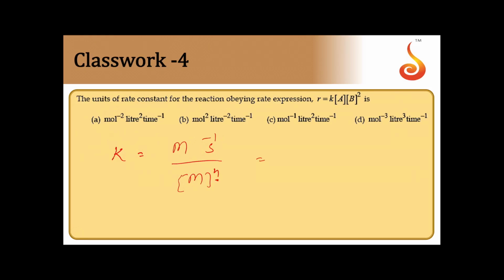Therefore, the units of k will be M to the power of minus 2 and second to the power of minus 1. And here M stands for mole per liter.